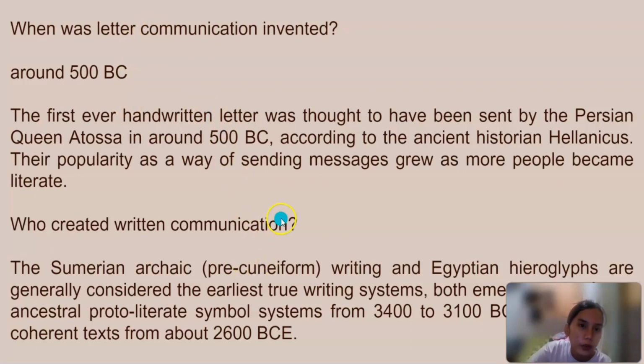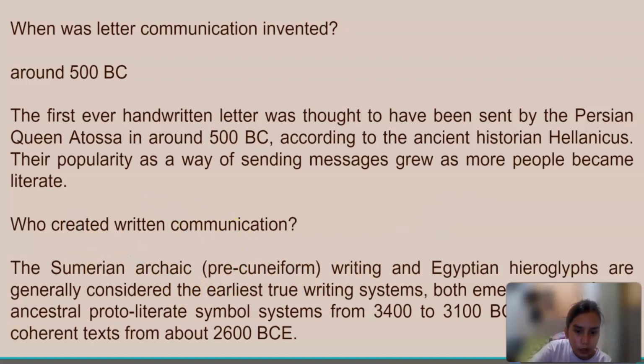So here are further details regarding why letter is the ancient form of communication. Around 500 BC, the first ever handwritten letter was thought to have been sent by the Persian queen Atossa. According to the ancient historian Hellanicus, their popularity as a way of sending messages grew as more people became literate. And who created written communication?